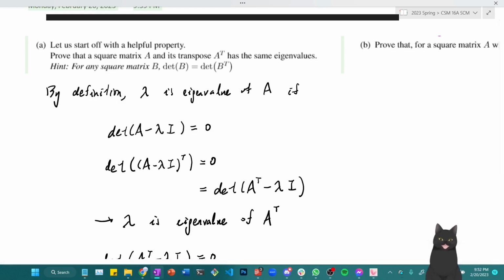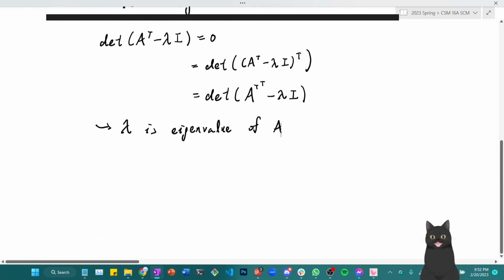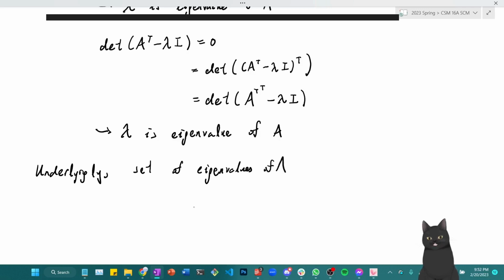Now another property you can relate to for this proof is trying to prove that the set of eigenvalues of A is equal to the set of eigenvalues of A transpose.